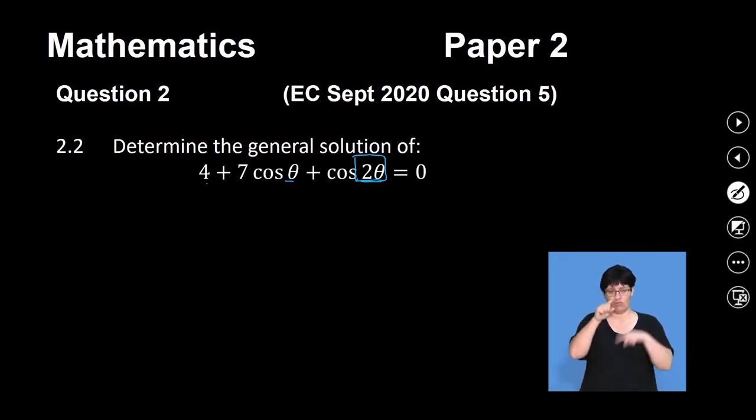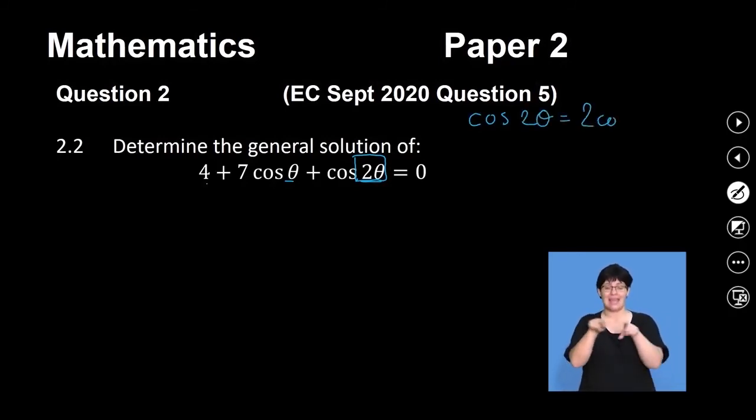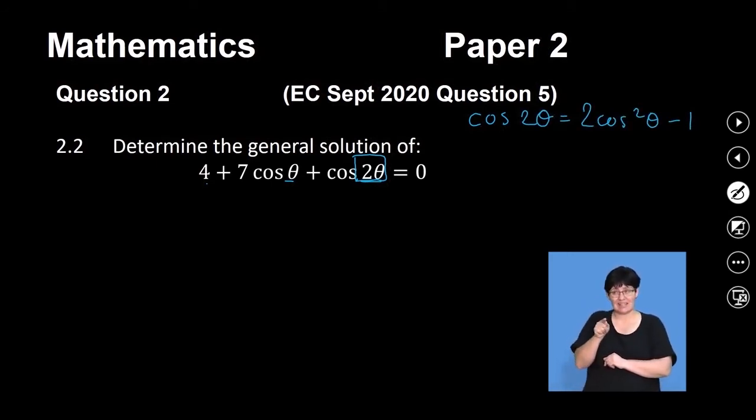So always with cos of 2 theta, you've got your 3 options, the 3 different formulas that you'll have on your formula sheet. I'm going to again use the fact that cos of 2 theta is equal to 2 cos squared theta minus 1. And the reason I'm using this particular equation is that I'm going to have cos of theta, and that's going to leave me with an equation in only cos of theta.